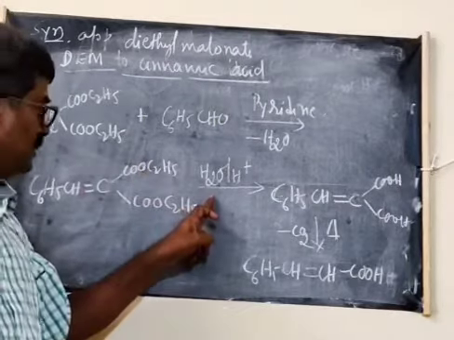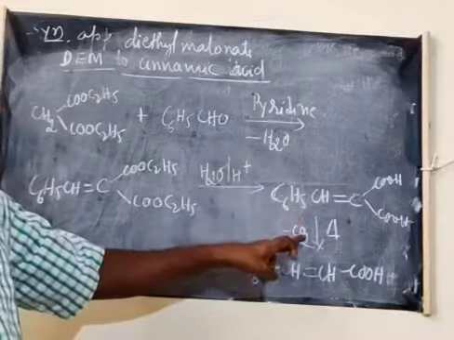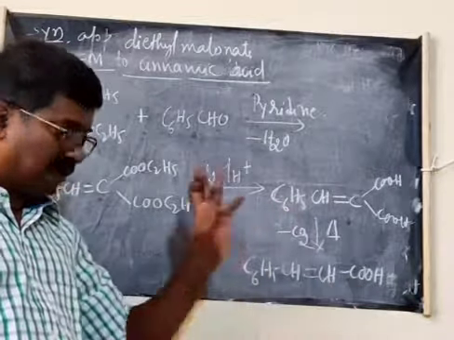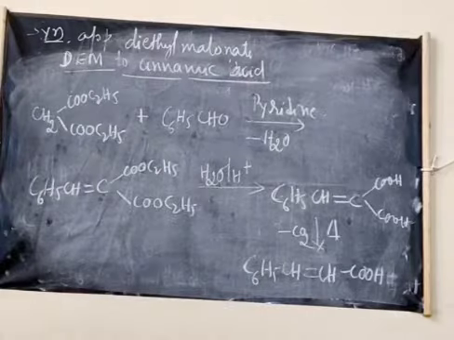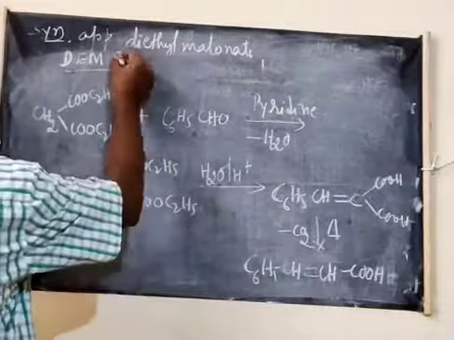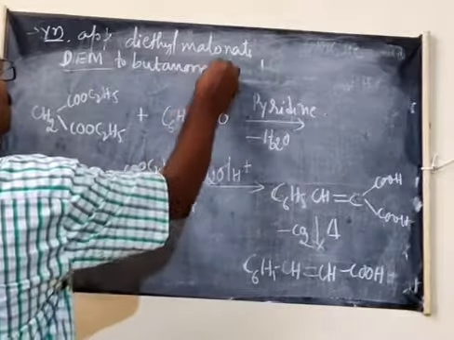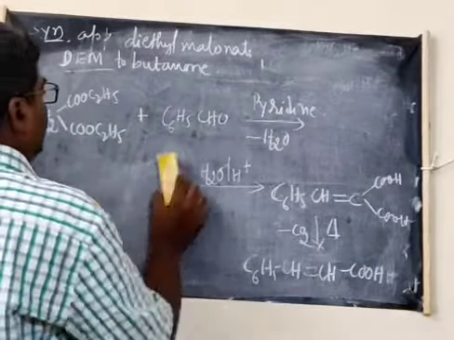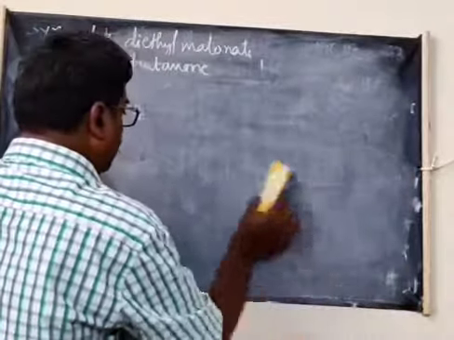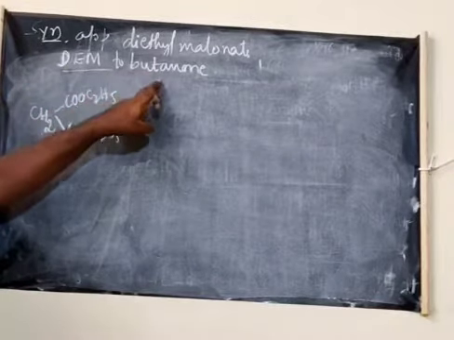On hydrolysis, the ester groups are converted to carboxylic groups, and this heated to high temperature eliminates one molecule of carbon dioxide, forms cinnamic acid. Next one is DEM to butanone.